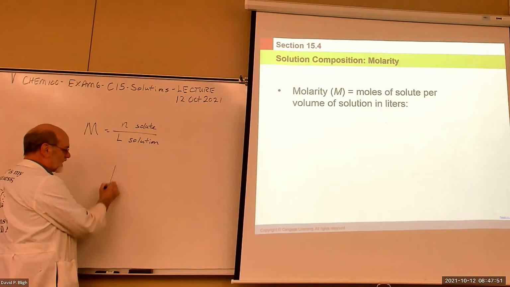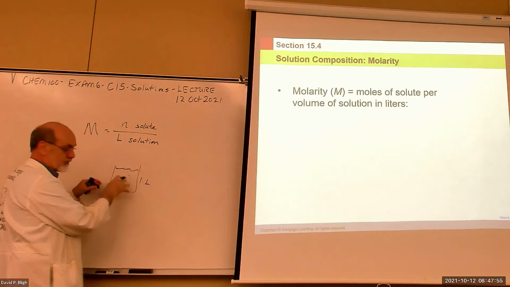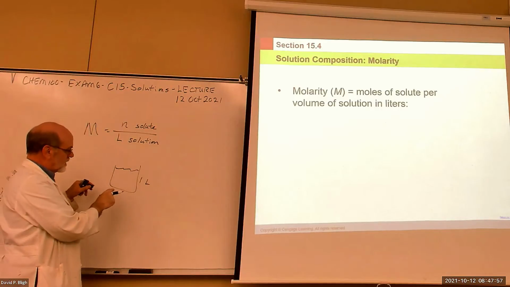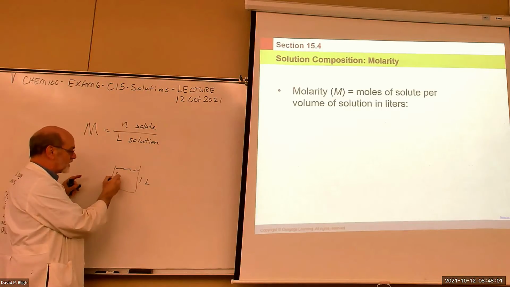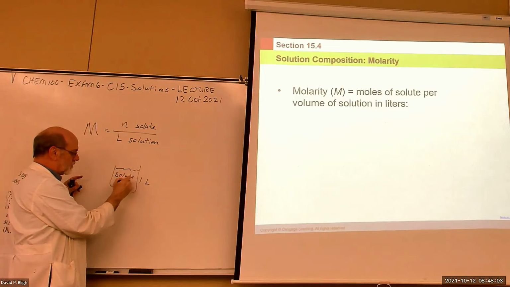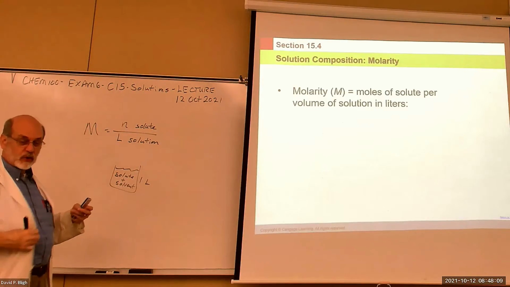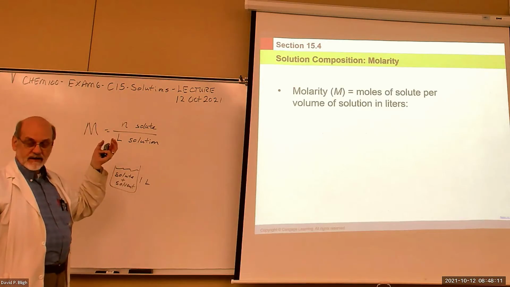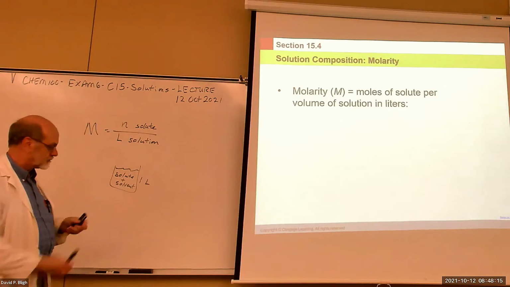That means when you have a container here, if it's 1 liter of solution, the volume is occupied by the solute and the solvent. So when you pull out a certain amount of that, you have both solute and solvent.